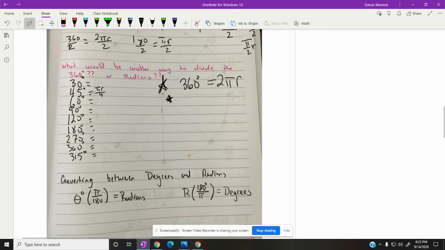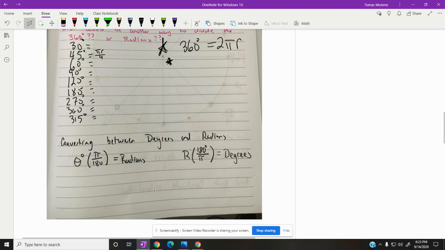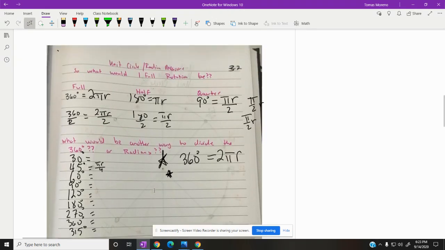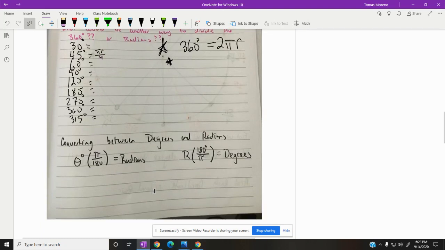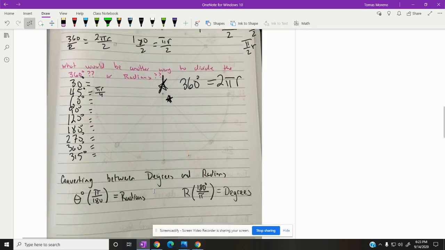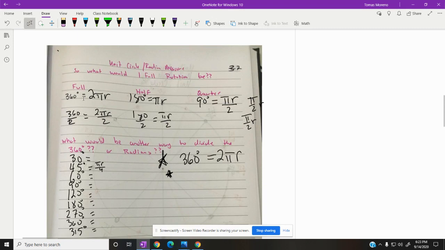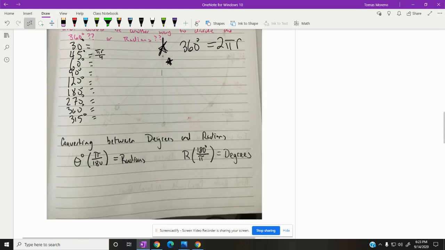Now, converting between degrees and radians, we could actually figure it out, right? So we have this: 360 equals 2 pi r. I'm going to write that down right here. 360 equals 2 pi r.